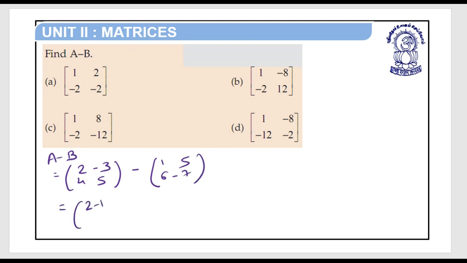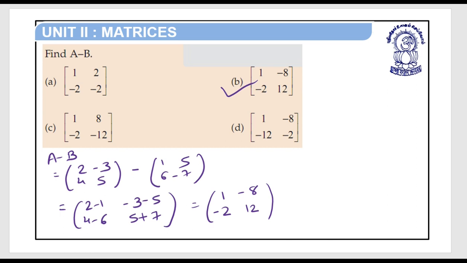So 2 minus 1, minus 3 minus 5, 4 minus 6, 5 minus minus 7, so 5 plus 7. 2 minus 1 is 1, minus 3 minus 5 is minus 8, 4 minus 6 is minus 2, 5 plus 7 is 12. So 1, minus 8, minus 2, 12. B is the right answer.